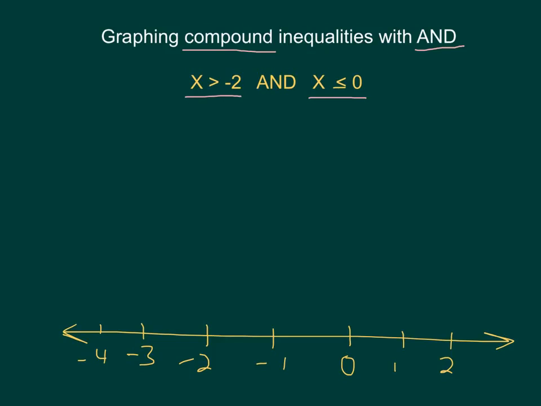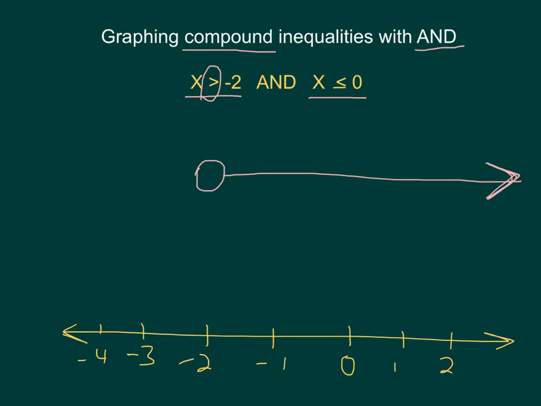So if I have greater than without the equals part, I know I'm going to have a big open circle by my -2. And looking at the sign greater than, I know it's going to go towards my greater than arrow. So x is greater than -2 would look like that.